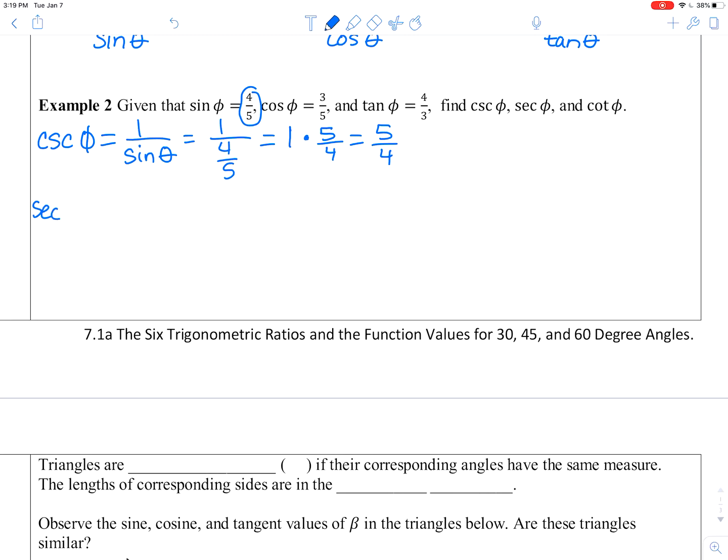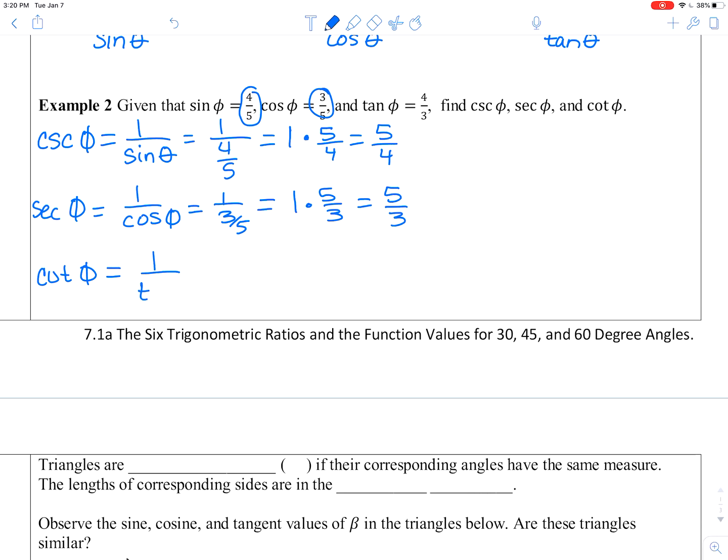So let's do secant of phi, which is 1 over cosine of phi. Cosine of phi is 3/5, so 1 over 3/5, which will change to 1 times the reciprocal of 3/5, 5/3, and we get 5/3. Last one. Cotangent of phi is equal to 1 over the tangent of phi, and the tangent of phi is 4/3.